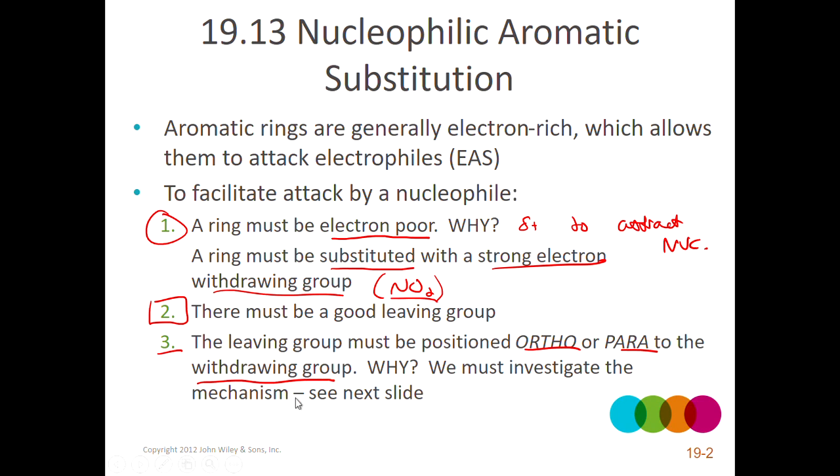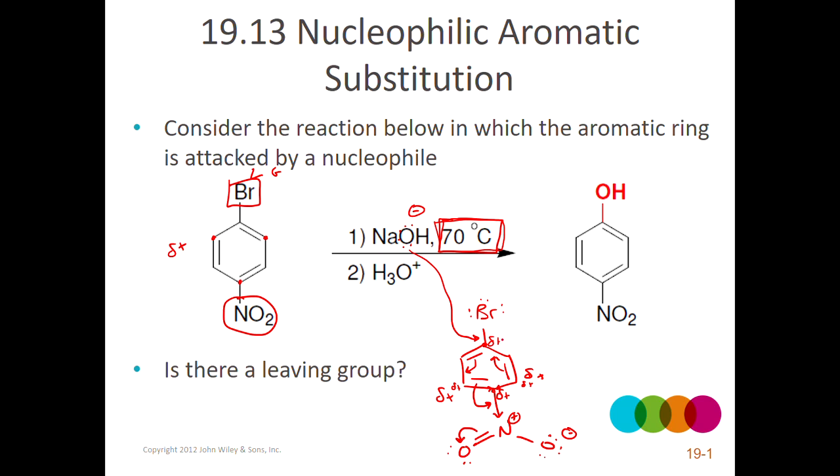Right, so we just explained that, and we'll see more of that in the next few slides, but just to reiterate, when the nitro group is placed, in this case para, or if it were ortho, its ability to withdraw electrons through resonance specifically places a partial positive on the carbon that we want the nucleophile to attack. So we need those conditions to be met.